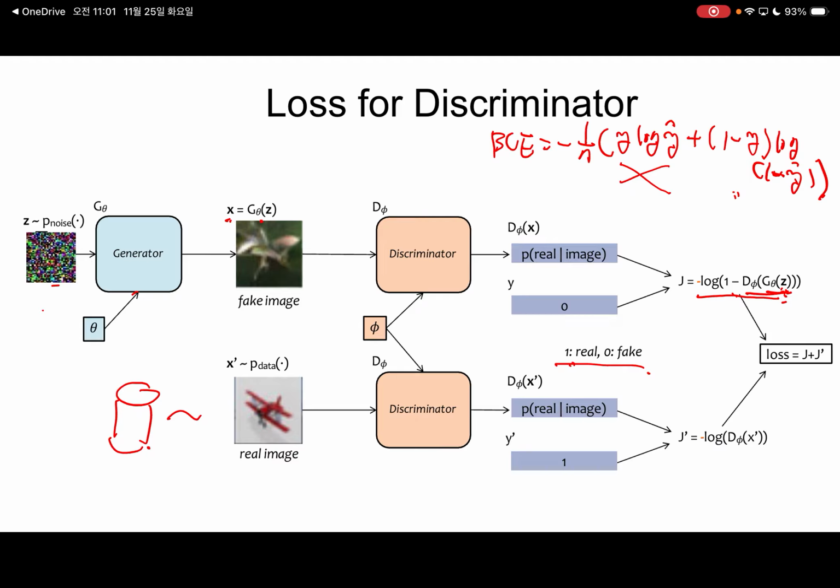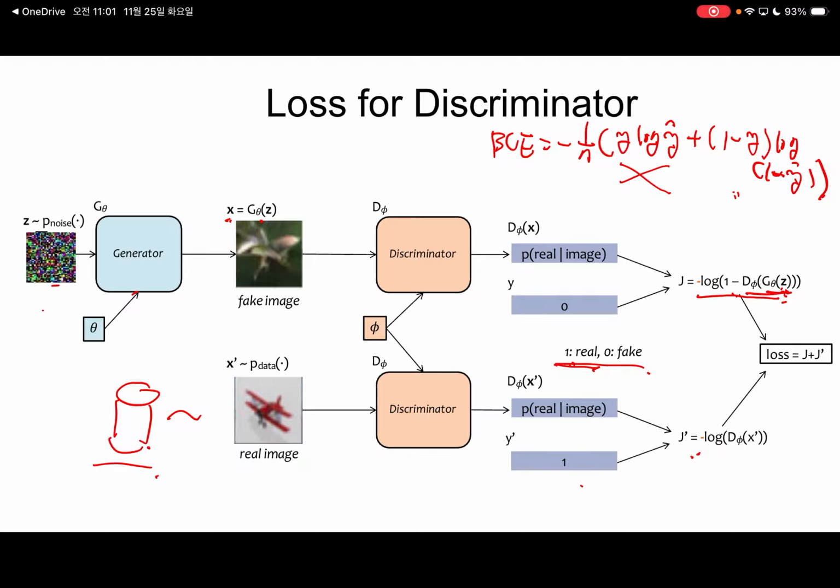And the second loss function, images from our data set. Let's say we have a data set, a set of real images. We pass such images to the discriminator, and this time we want such images to belong to the real class. Then we can simply plug into this equation.